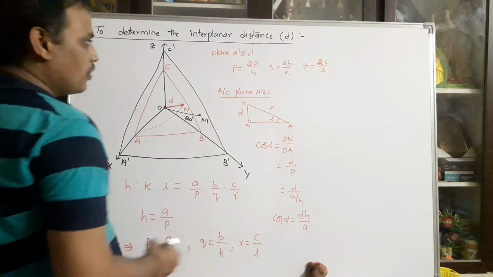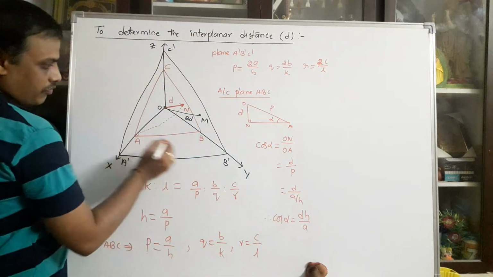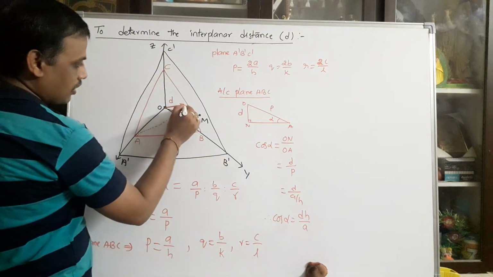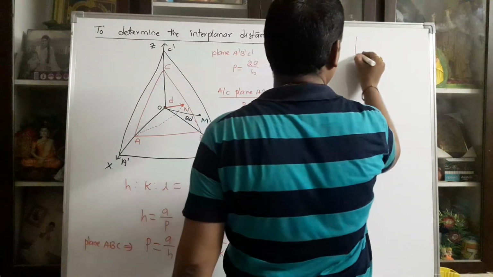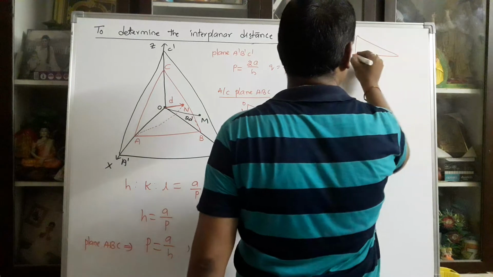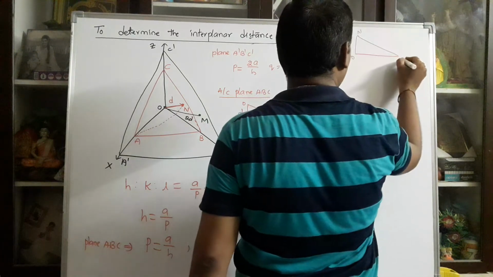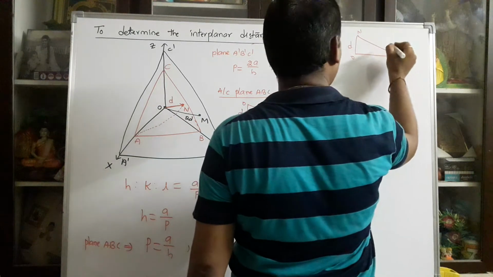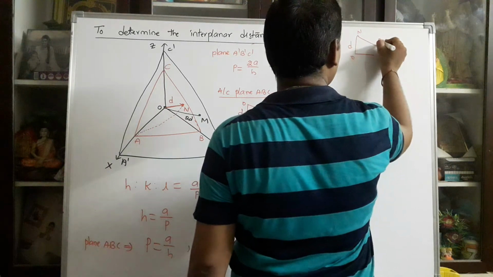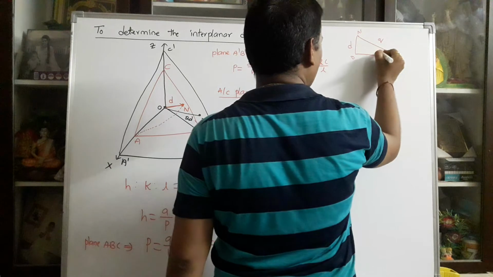In a similar way, from the y direction b, consider the triangle ONB. ON value is distance d, and OB intercept is q. The angle can be taken as beta.